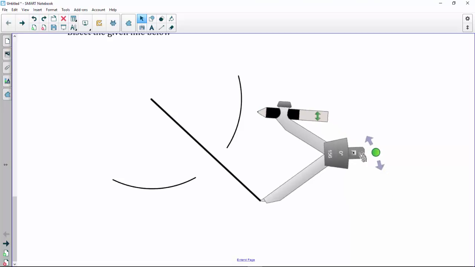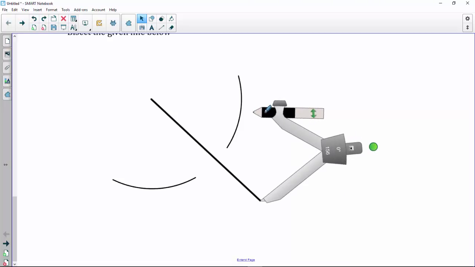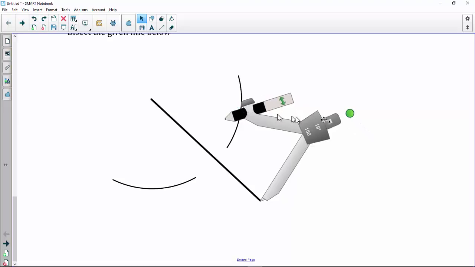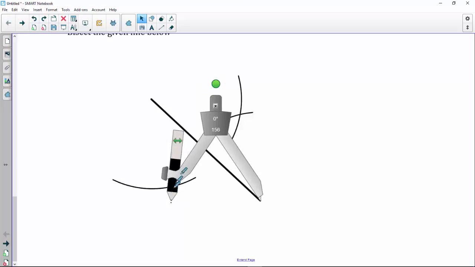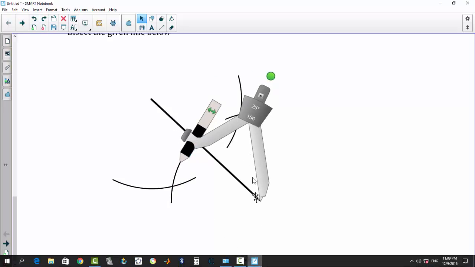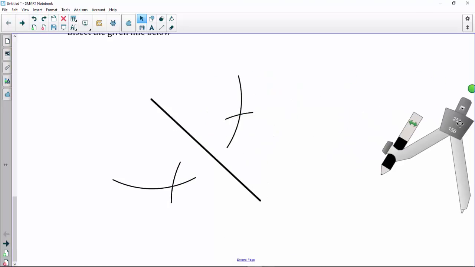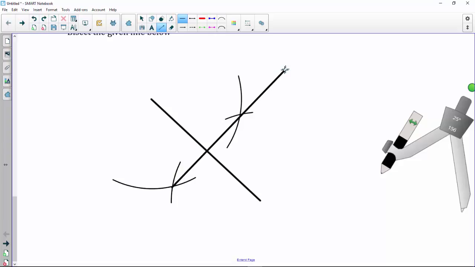And I draw my small intersecting arcs above and below the line. Wonderful. Now I use my straight edge, in my case, and in your case a ruler and a pencil, and I draw it through my intersection points. Voila. We have just bisected a slanted line.